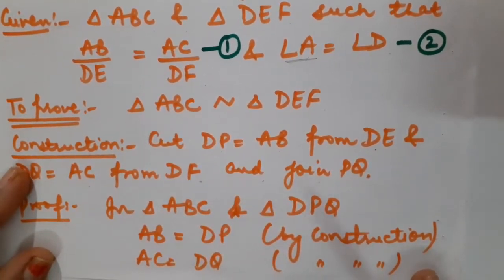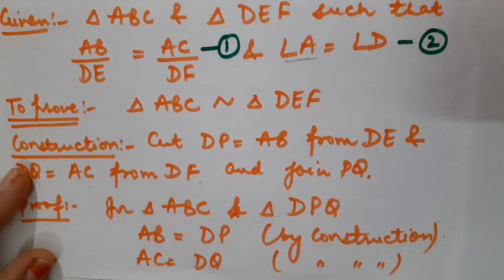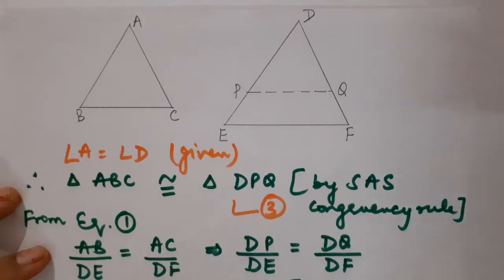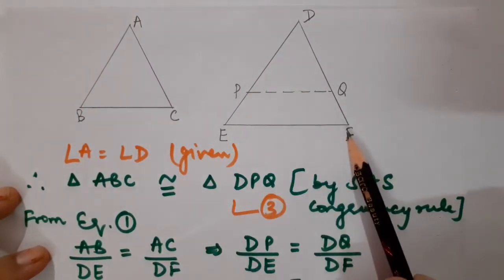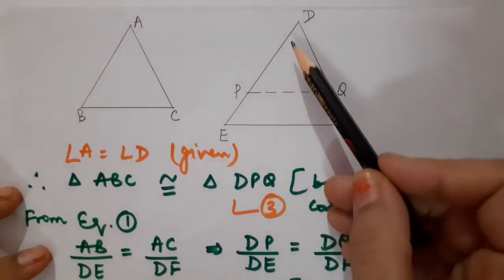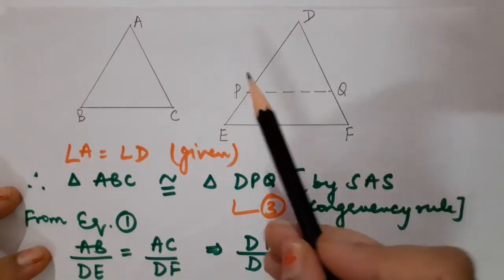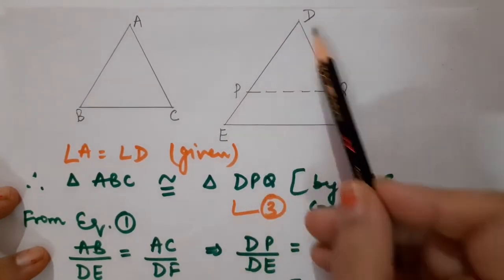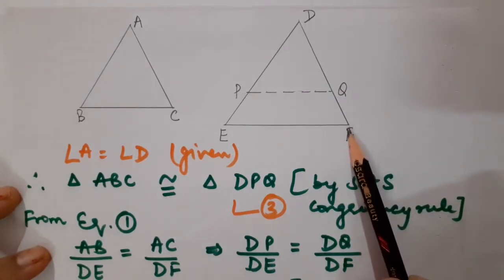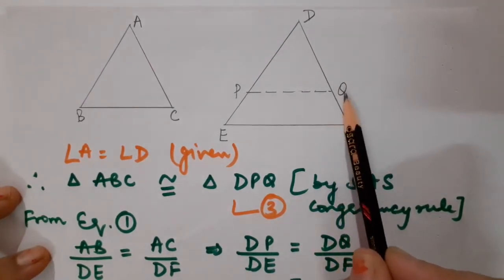Before I start explaining its proof, children, I want to show you the diagram so that you can better understand. So here are two triangles, triangle ABC and triangle DEF. Fine. In the construction, what did I explain? That I cut this DE, and the point that is going to be touched on side DE is point P, and here on side DF there will be point Q. Fine.